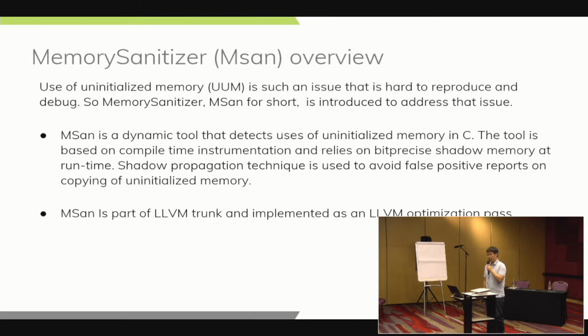And the shadow propagation technique will tolerate the copying of uninitialized memory and also simple logic and arithmetic operations with it. With the shadow propagation technique, MSan can avoid false positive reports on copying of uninitialized memory.